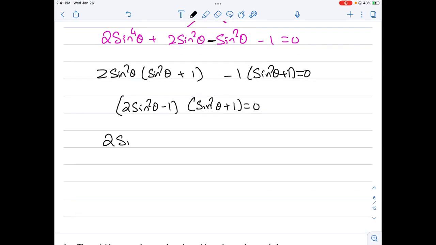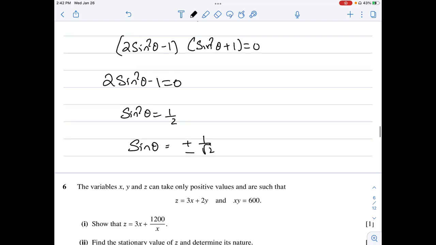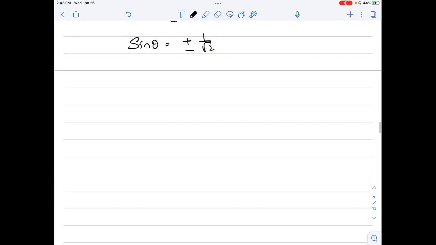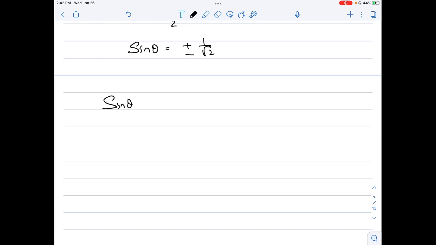So 2 sin square theta minus 1 is equal to 0. So sin square theta equal to 1 upon 2. Sin theta is equal to either positive 1 upon root 2 or negative 1 upon root 2. If it is positive 1 upon root 2, I get theta equal to 45, and another angle will be 180 minus 45, which is 135.